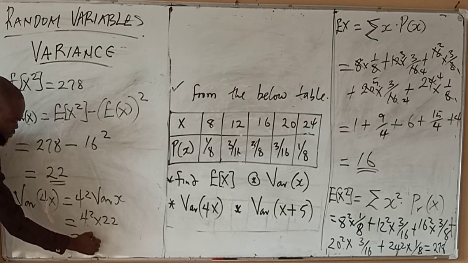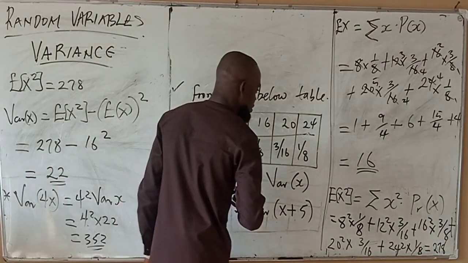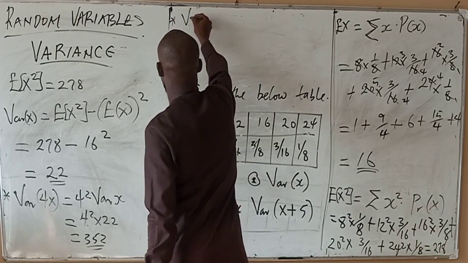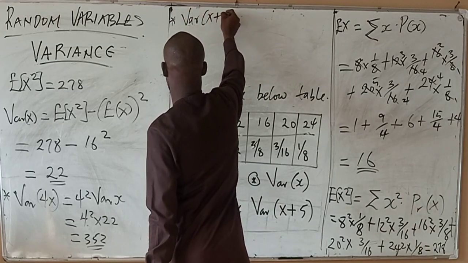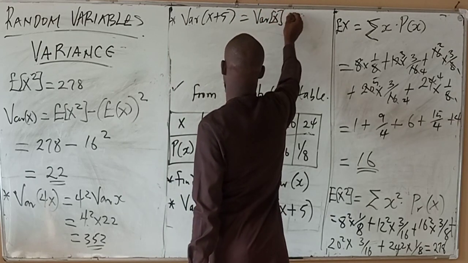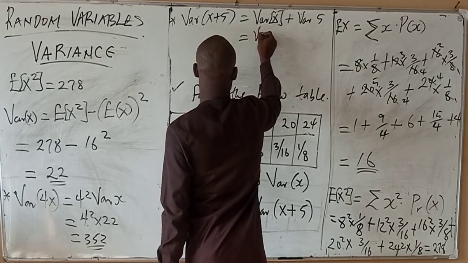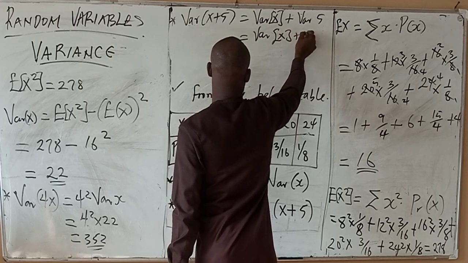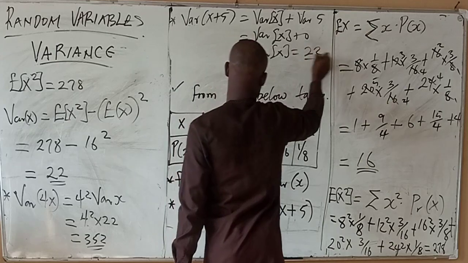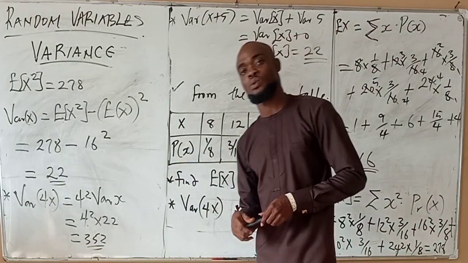Then the last one is variance of x plus 5. So it will be variance of x plus variance of 5, which is variance of x plus 0, which is variance of x, 22. Because the variance of a constant is equal to 0.